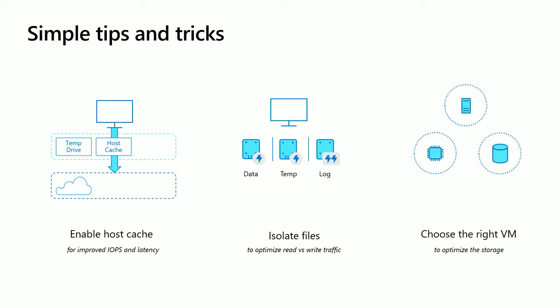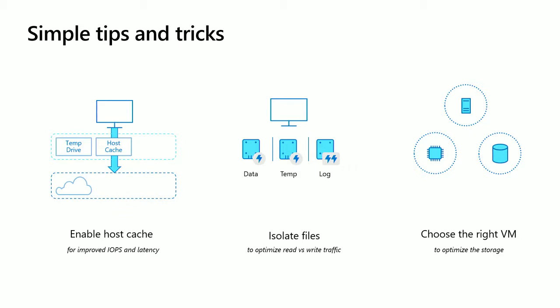Last but not least, the VM type is super important. If you choose a VM that does not have the throughput and the IOPS that is actually required to maximize the underlying storage, you will not see the application performance that you're expecting.